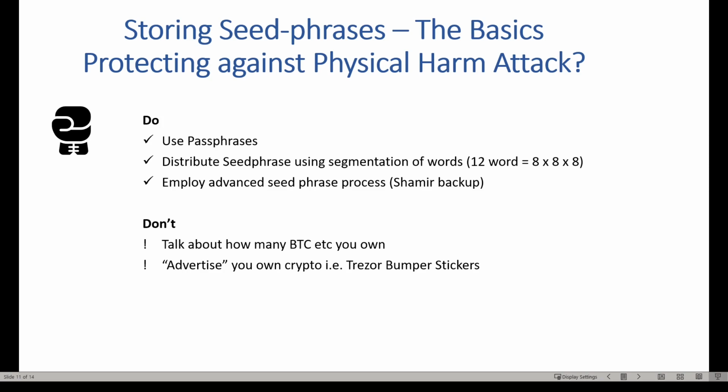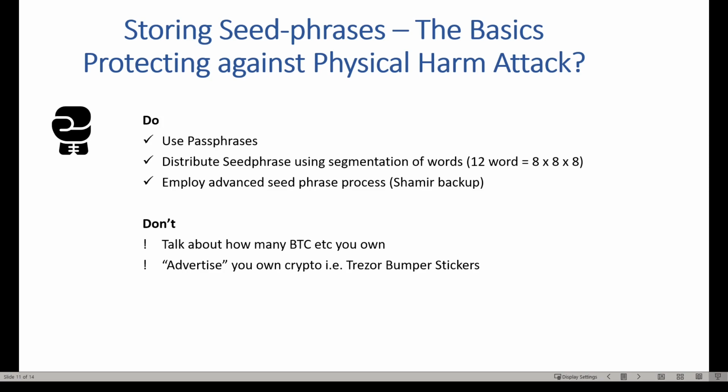And then there's the more advanced version of that, which is employing something called Shamir backup. So it's essentially a group of seed words that you can design in such a way that you need multiple people to come together and bring their seed words together to restore the wallet. And that goes beyond just splitting up into a bank of 3.